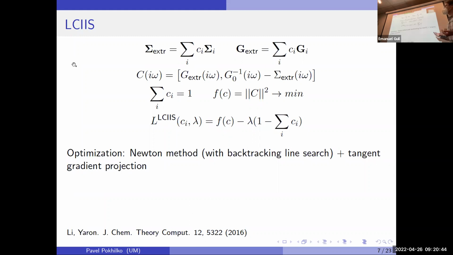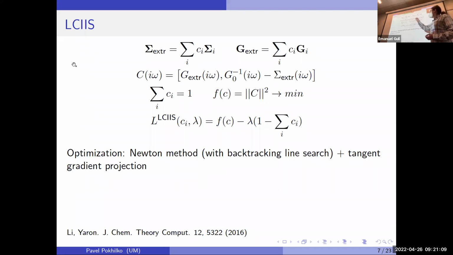We can extrapolate the self-energy, and I mean both the Fock matrix and the dynamical self-energy, and the Green's function with the same coefficients. We can compile a commutator from the extrapolated quantities, and we can put the necessary DIIS constraint on the coefficients.